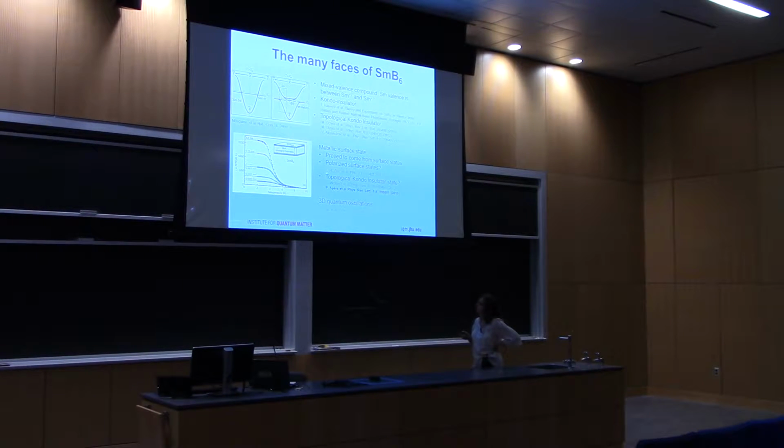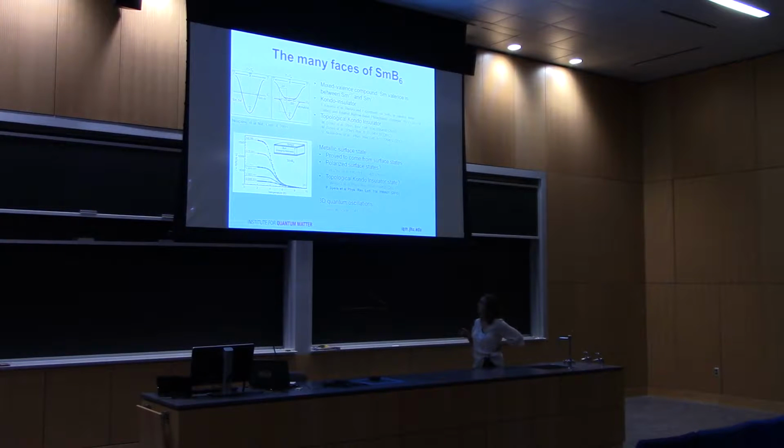So then, what is the nature of this metallic state? It is still a discussion whether it's a topologically protected state or a polarized surface state. This is something we're still going to discuss. There are a lot of other things which are not all consistent when people are looking at samarium hexaborate, and there was a thing which was like a sensation.